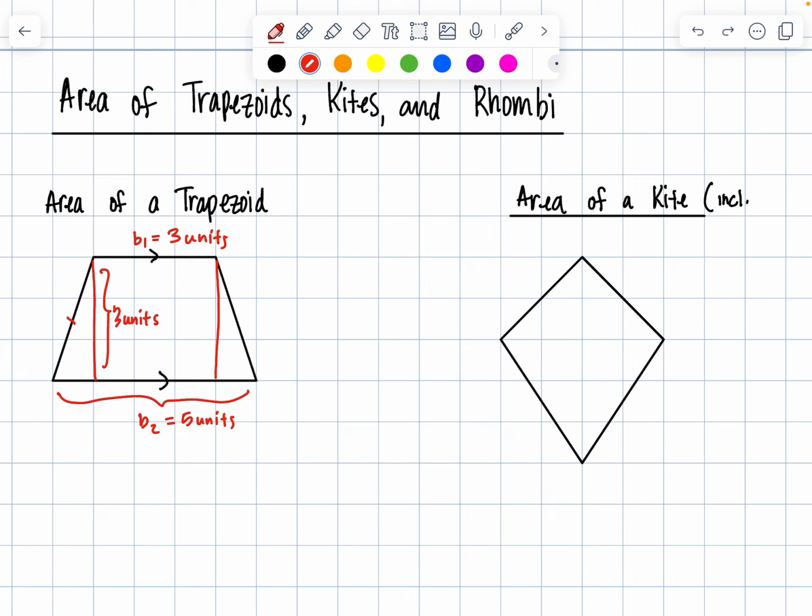So the area equation actually has two versions. I'm going to put the 3 here, 3 units, so we could write this inside. Area is equal to the average of the bases, base 1 plus base 2, all over 2, times height. Or you could write it as area is equal to 1/2, in parentheses, base 1 plus base 2, times height.